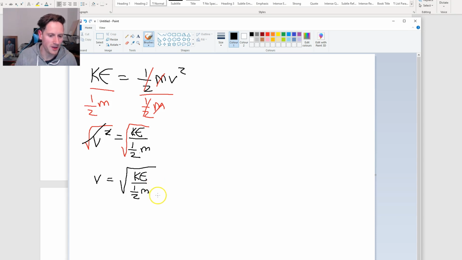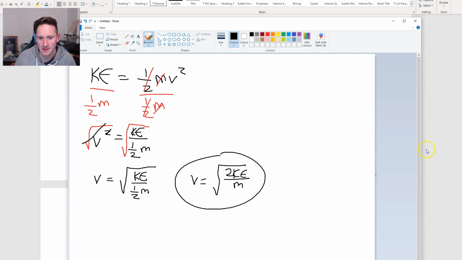Now, if you want to make it a little bit easier, you can multiply both the top and the bottom of this side by 2. Essentially, what I'm doing is making this a little bit less awkward. So the same formula can be the square root of 2KE over m. That and that are the same thing. You're going to get the same answer. So that is going to be our formula for this.